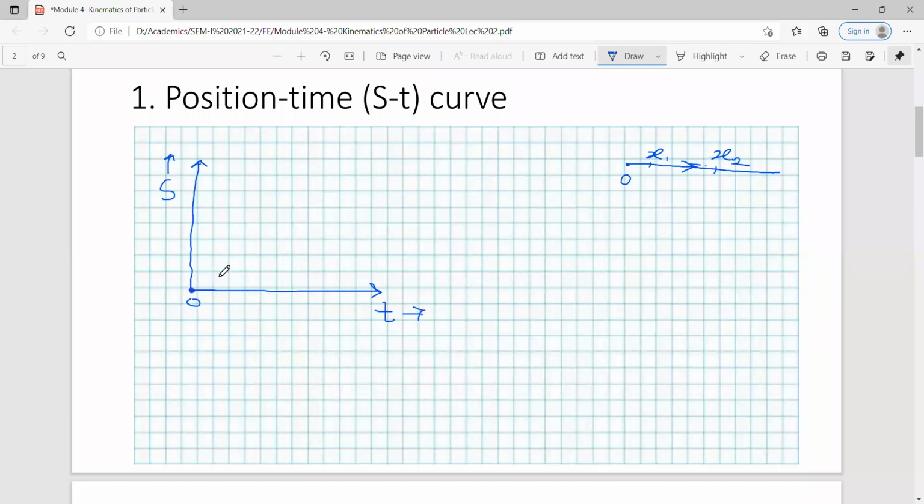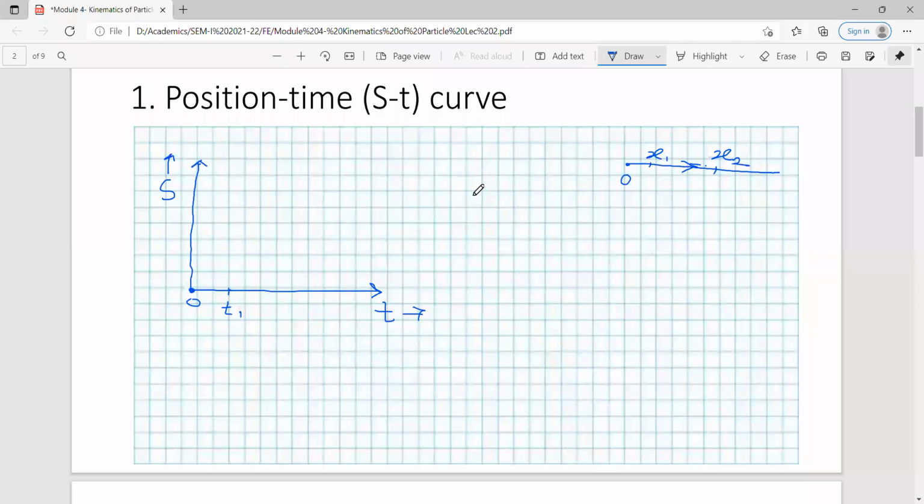So you will mark this point. Then as time passes, suppose at time equal to t1, the object will displace according to its velocity.